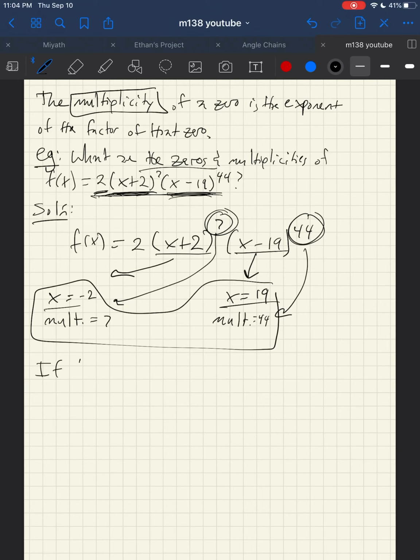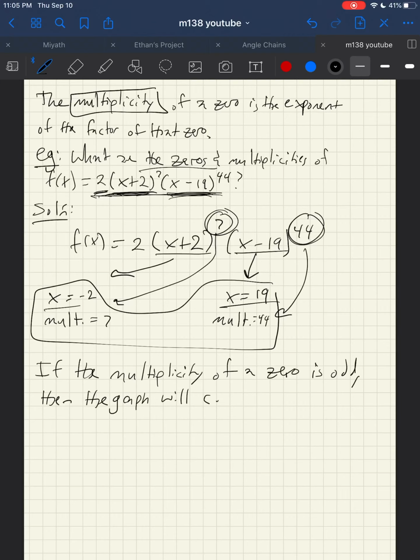Now, what we'll eventually notice is that if the multiplicity of a 0 is odd, then the graph will cross the x-axis there.